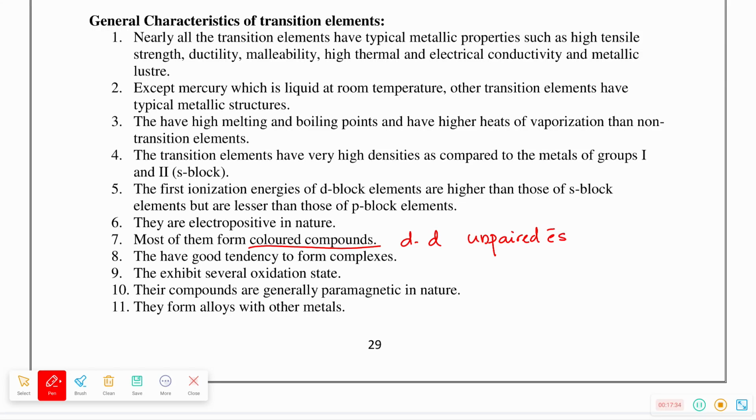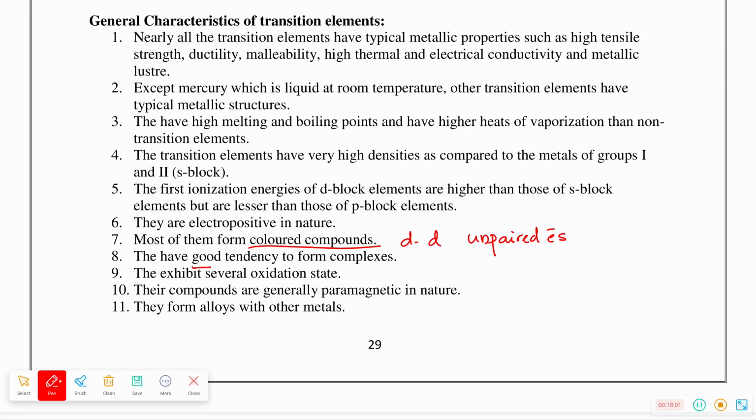Absorption of energy from the visible region excites the electron from a lower energy d orbital to a higher energy d orbital. That is called d-d transition, and they radiate energy. The color seen is the complementary of the color absorbed. So most of them form colored compounds due to unpaired electrons and d-d transition.